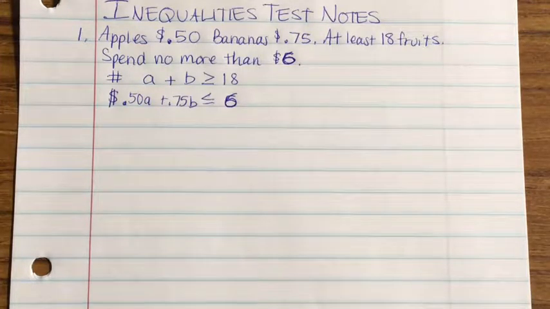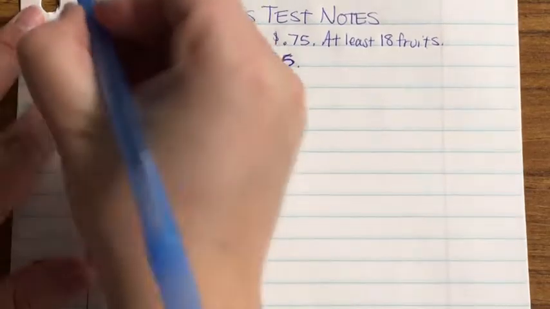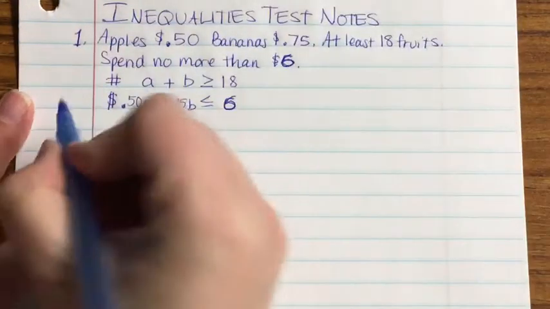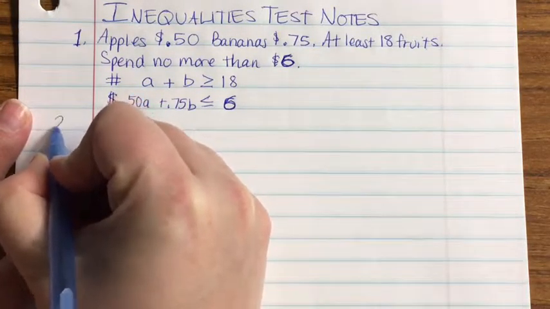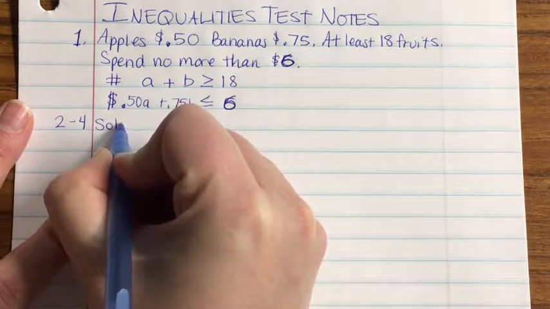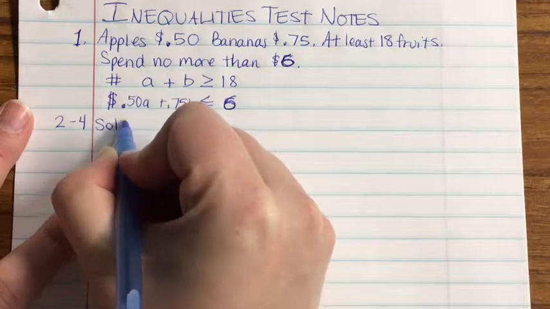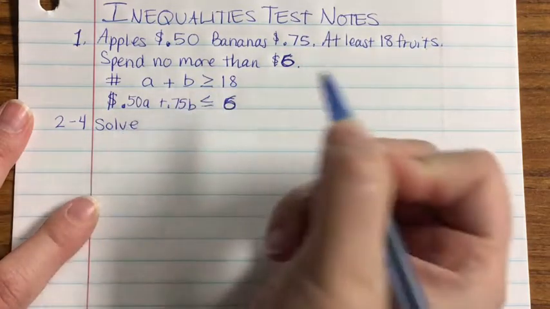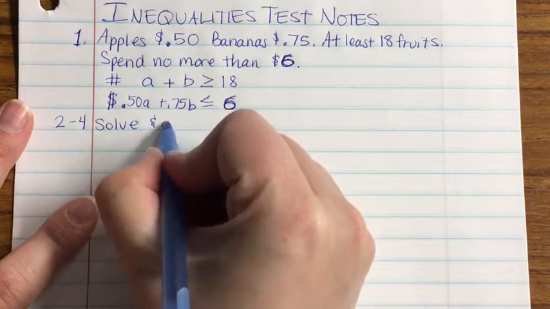Is this for number one on the test? Yep, that's what this one right here means. Okay, numbers 2 through 4, you are going to have to solve. Actually, it's 5 through 6, but the first ones are going to be simple ones. Solve and graph.